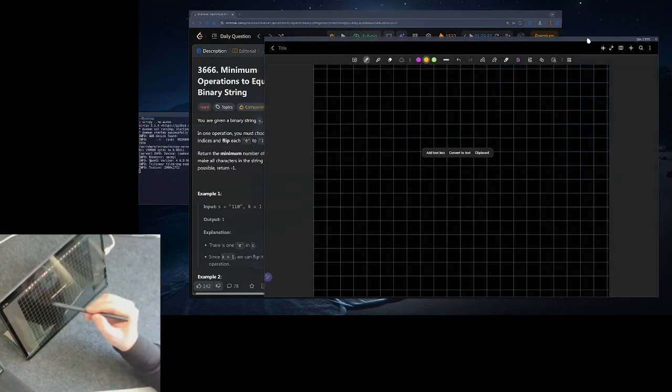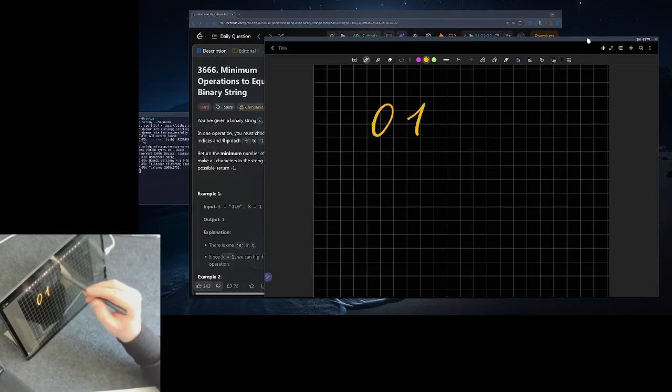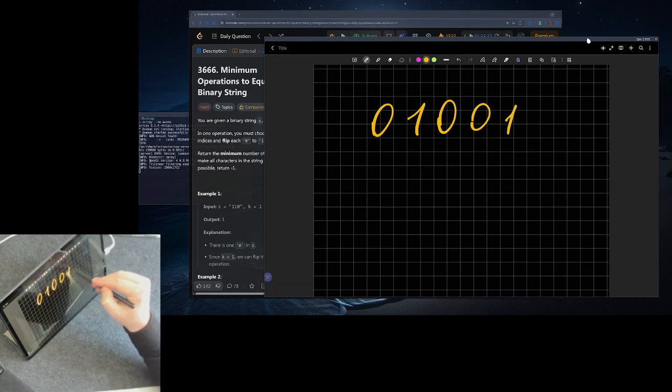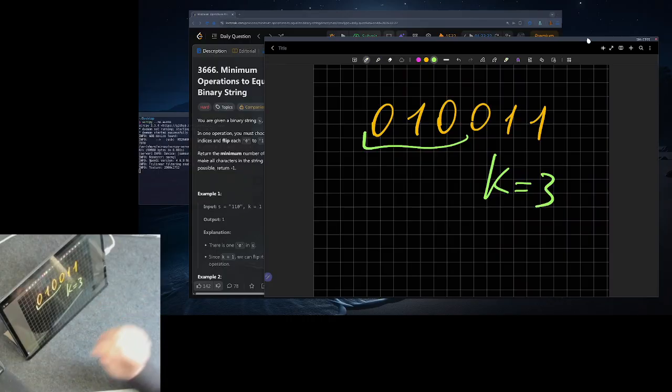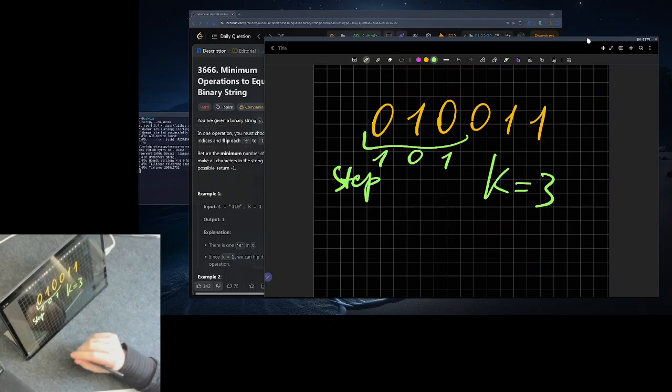We're given a string with numbers 0 or 1 and an integer k. We must flip exactly k bits at each step. So it became 1, 0, 1.